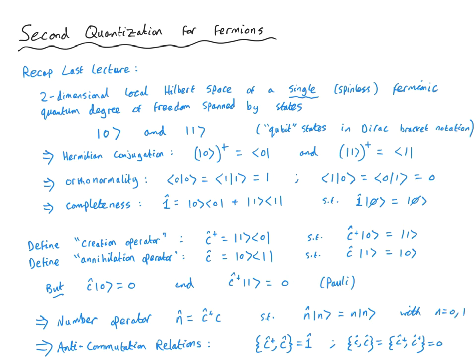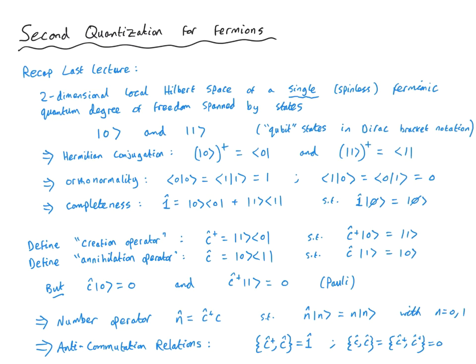This tells us that if I try to create an electron in a state that's already occupied, I get 0. And that actually embodies the Pauli principle, which tells us that for fermions, the maximum number of fermionic particles in a given quantum orbital is 1. So I can't create another electron there. That, of course, would be different if we were talking about bosonic species.